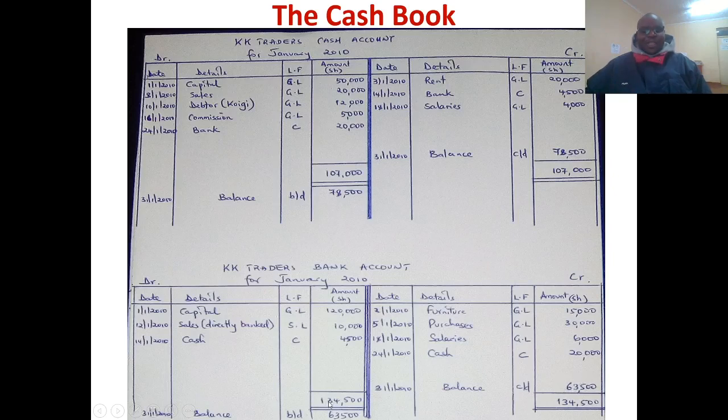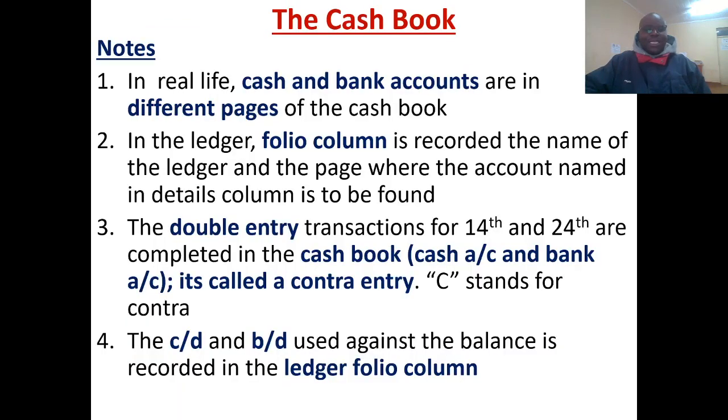So 134,500 is inserted at the bottom, both columns, and then the balancing figure 63,500 is inserted on the credit side so that the two sides can balance, and it is called balance carried down. And then it is brought down on the left hand side so that we can have that as the opening balance for February.